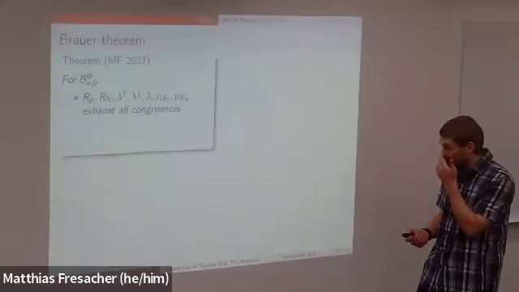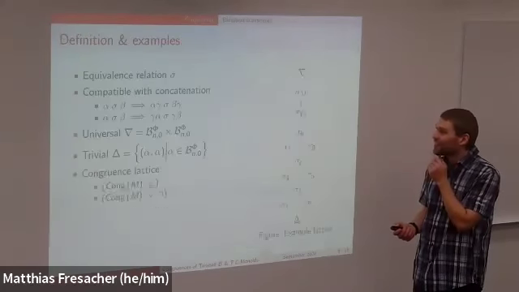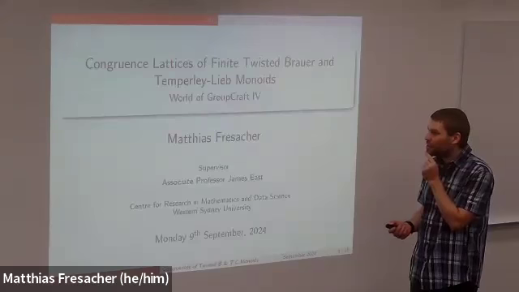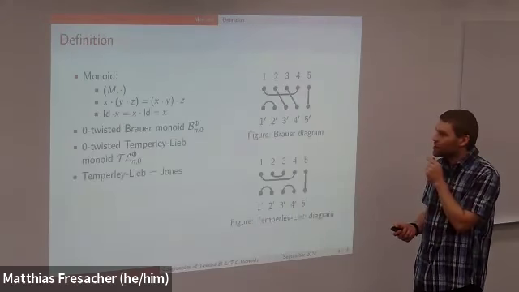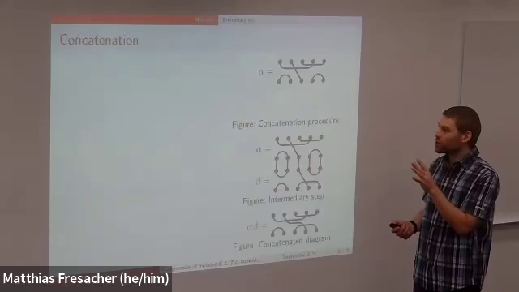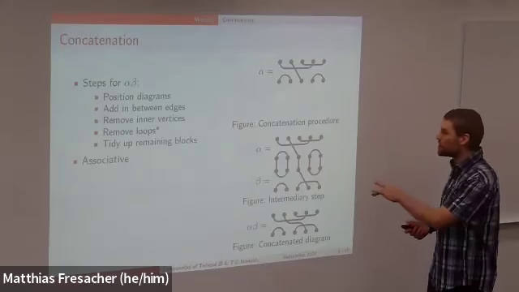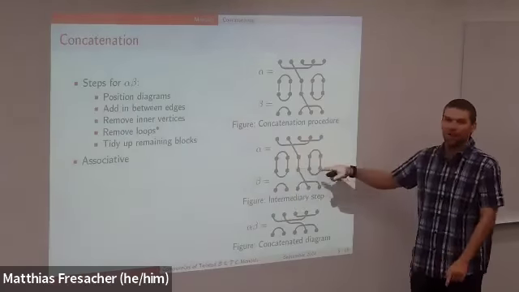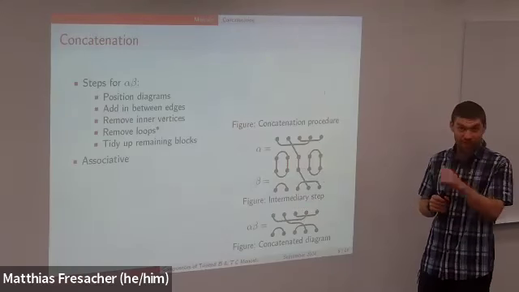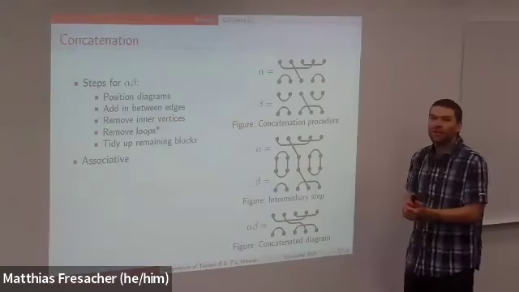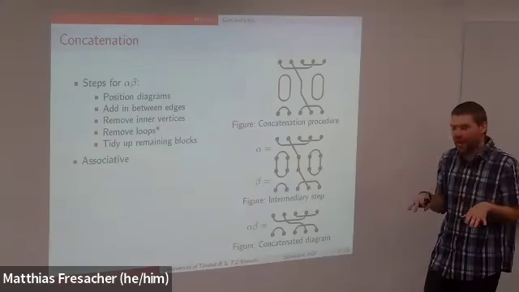If we go back to the very start, the zero in the zero twisted basically means here that we're allowed to have zero loops in our concatenation process, which obviously means we're not allowed to have any.